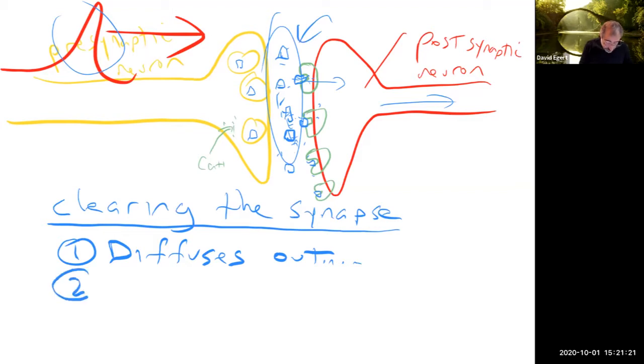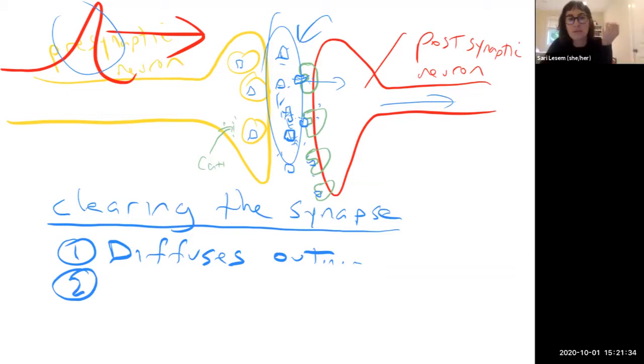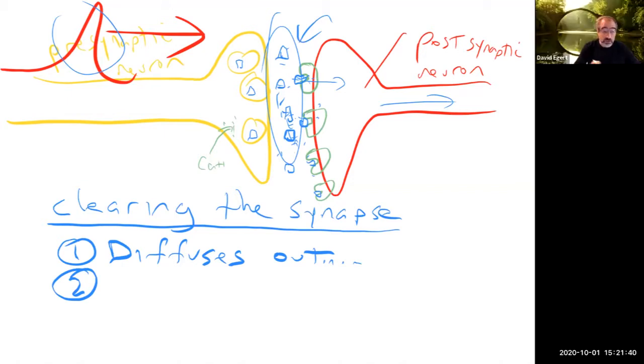Another possibility, though, is very similar to what Jambo was talking about. In phosphodiesterase, how did phosphodiesterase stop the second messenger signal? It would eat up the cAMP. Yeah, it was like an enzymatic breakdown of the messenger. So that's another possibility here: we can have enzymatic breakdown of the neurotransmitter.